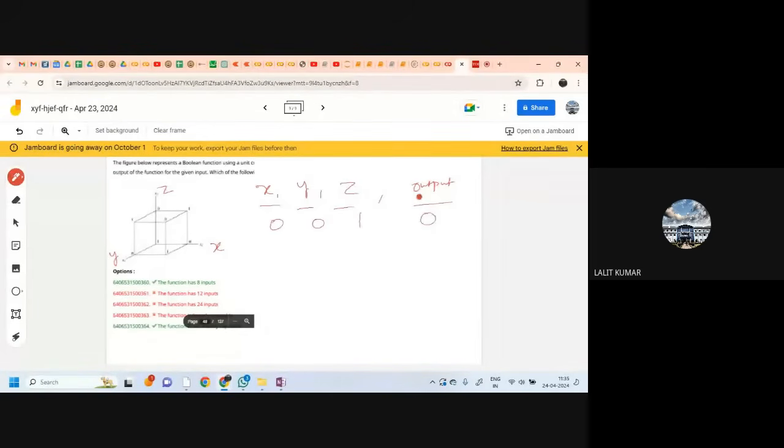For example, this. Now we can put here, each function has values in Boolean 0 1: 0 1 0 1, 0 1 1 1. Here 1 0 0 0. All 0, this one.